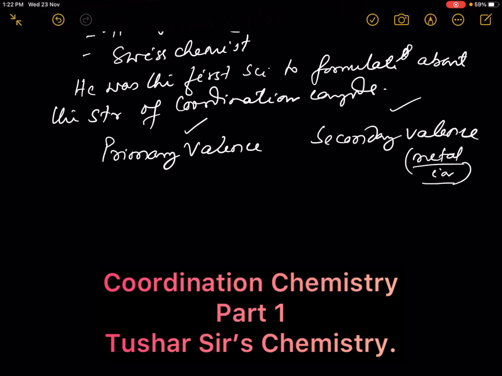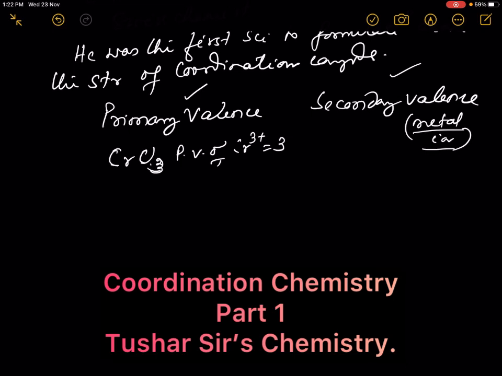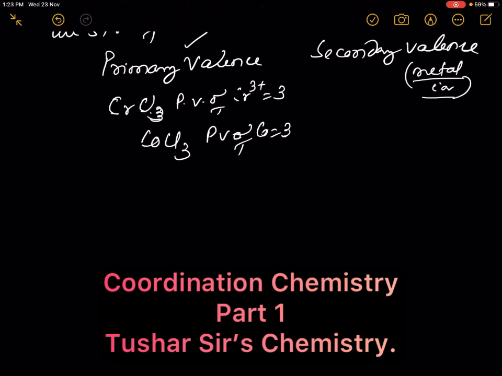You see, in CrCl3, primary valence of Cr3+ is 3. In CoCl3, primary valency of cobalt is 3. In PdCl2, primary valency of Pd is equal to 2.